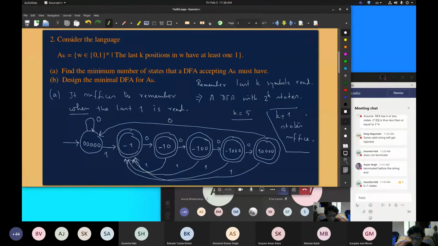Would you like to use the pigeonhole principle again? Maybe you can do it by using the pigeonhole principle, but given a DFA, there is a better way of proceeding.